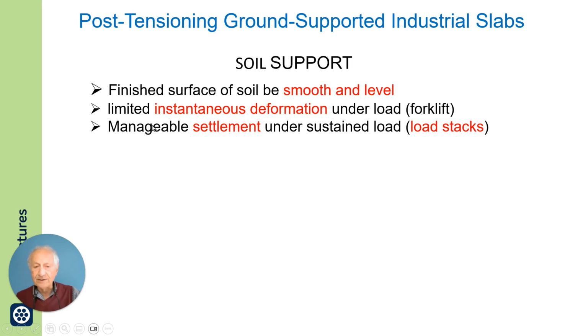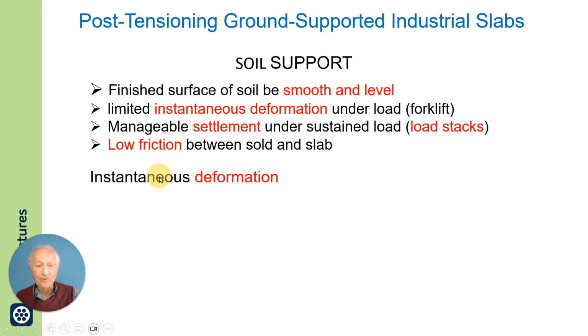And long term, it should have manageable settlement under sustained loads, such as load from the stacks. Now, it must have low friction between itself and the slab. This is something which comes more clear as we move along the presentation, the low friction between the slab and ground.